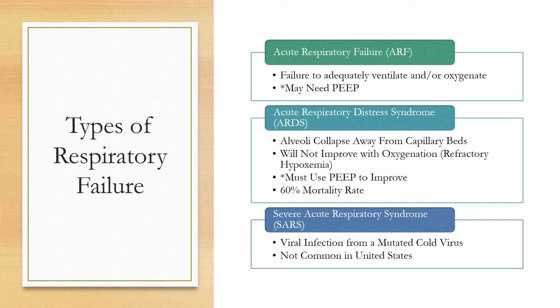Okay, severe acute respiratory syndrome, SARS, is a virus that came through in the early 2000s, and it led to acute respiratory distress syndrome, right? So I don't think we need to spend too much time on that. That was a particular virus that was causing this respiratory distress syndrome.